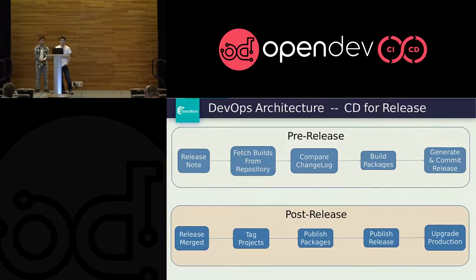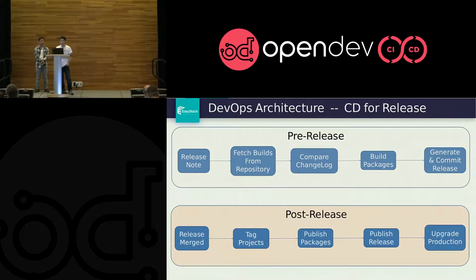With it, we fetch the builds from the repository. Then we compare the build changelog with the commit message and commit ID in Gerrit to make sure that the build from the repository is the correct one.